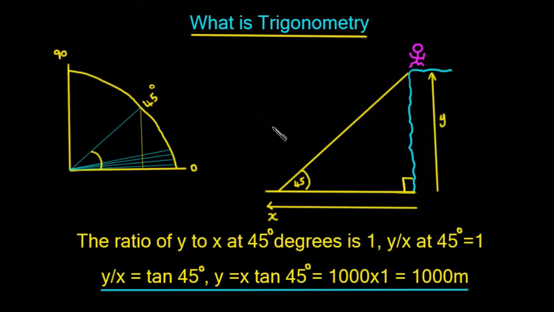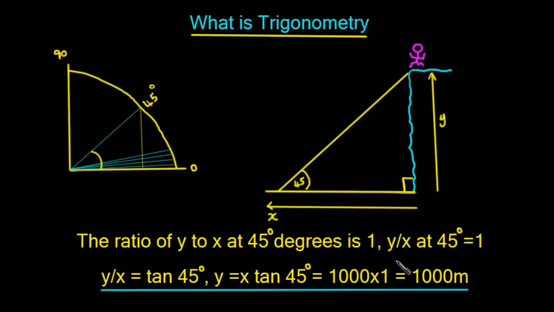So let's go ahead and write down what we've learned mathematically. What we've said is the ratio of the y to the x at an angle of 45 degrees is equal to 1. So we could just say y divided by x at 45 degrees equals 1.